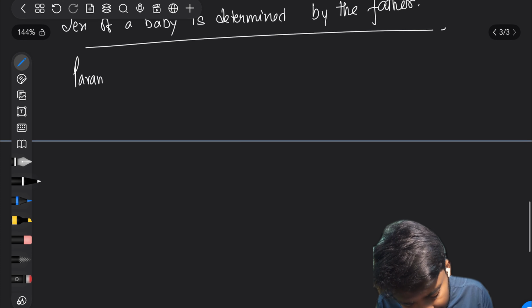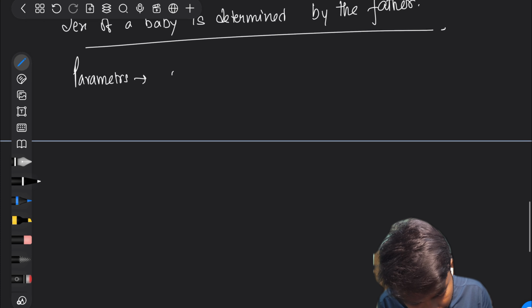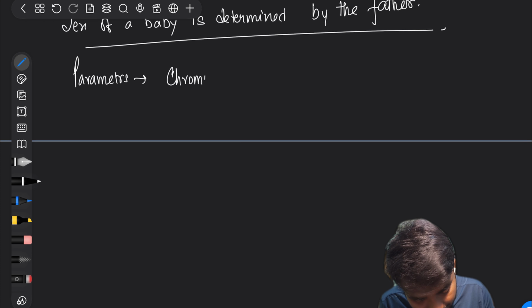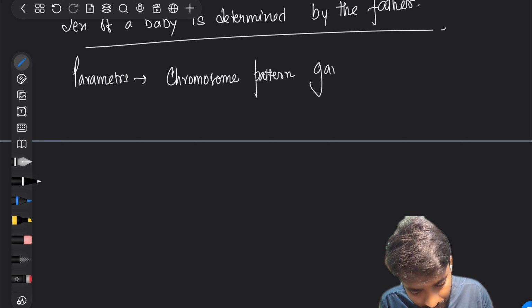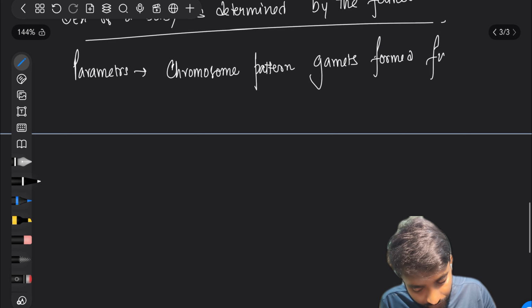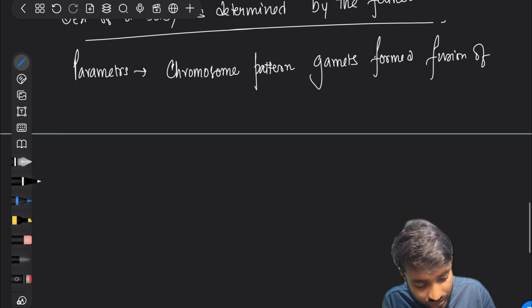So what are the parameters? Chromosome pattern, gametes formed, fusion of gametes.